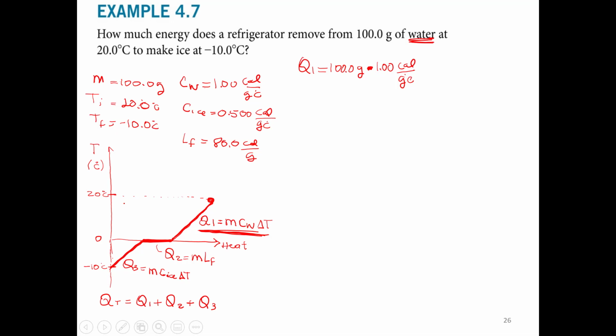Maybe it's to avoid confusion. In this case, we just look at the change in temperature, and we don't take into account the sign of the change. In other words, we consider the delta T always positive.